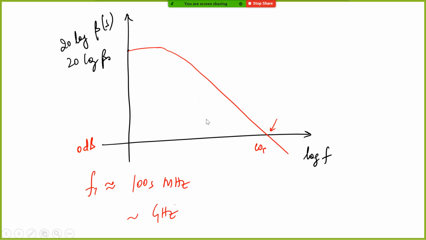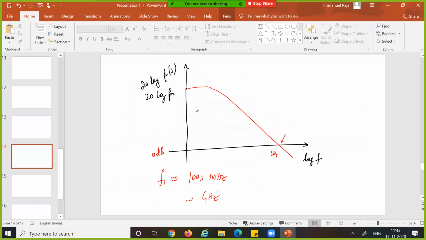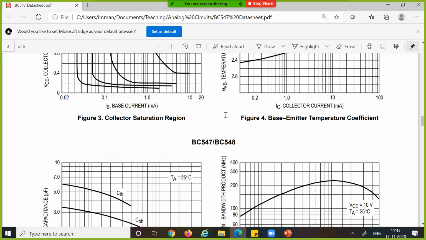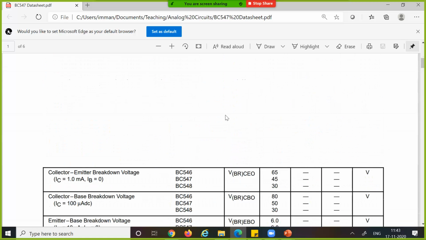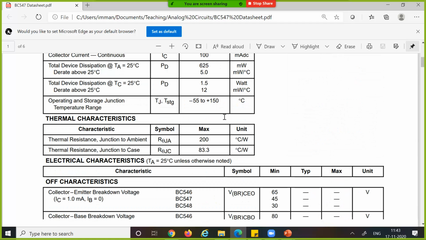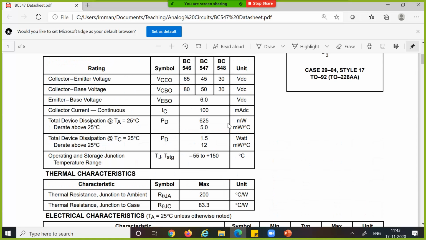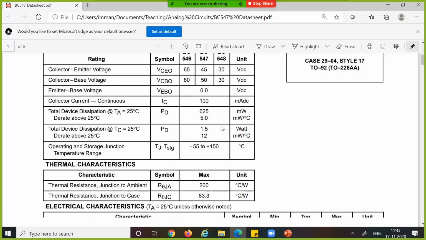So let me just open one of the data sheets. Yeah, so this is BC547. Let me see here.